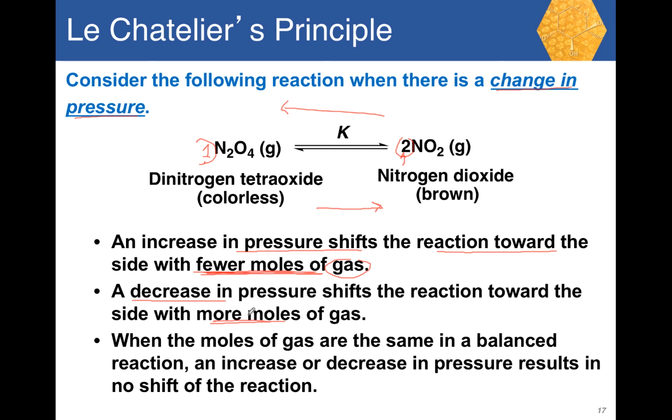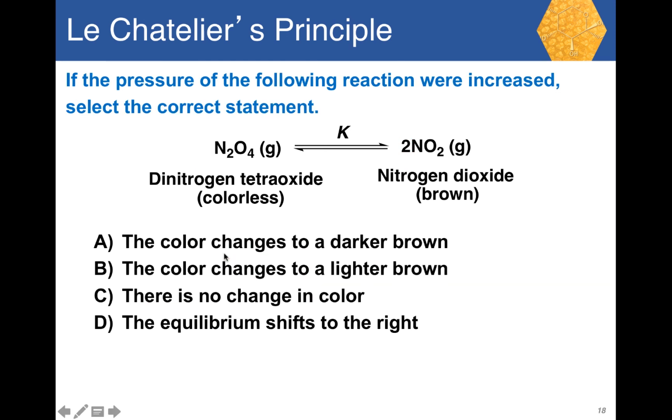So once again, just a review. Make sure you have a balanced equation. Here are the coefficients. And what Le Chatelier observed is that an increase in pressure shifts the equilibrium towards fewer moles of gas. Let us apply that.